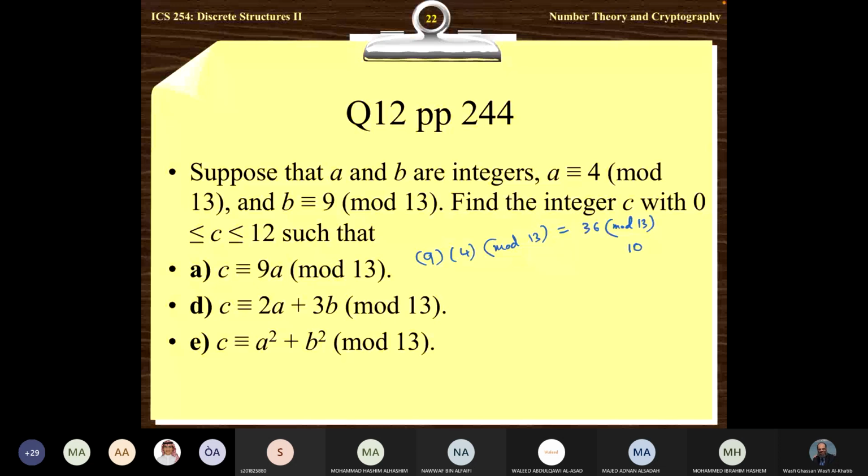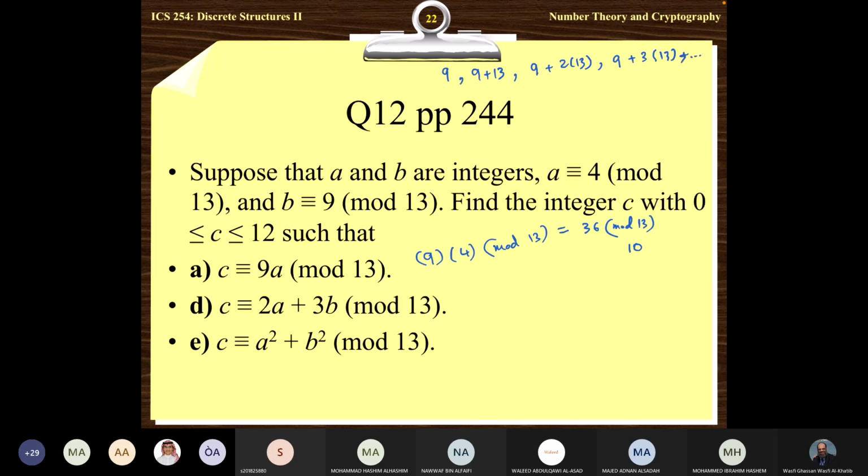Now, 9 mod 13 isn't it the same as minus 4 mod 13? Yes. 9 mod 13, and 9 plus 13 mod 13, and 9 plus twice 13 mod 13, and 9 plus 3 times 13.